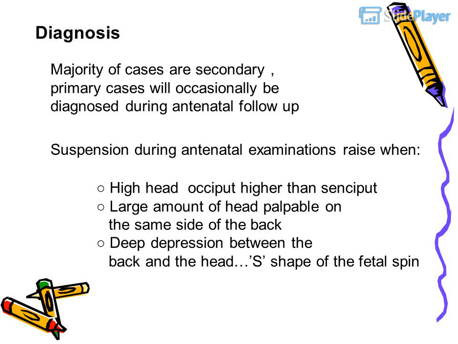Diagnosis: the majority of cases are secondary. Primary cases will occasionally be diagnosed during antenatal follow-up. Suspicion arises during antenatal examination when there is a high head, occiput higher than sinciput, a large amount of head palpable on the same side as the back, a deep depression between the back and the head, and an S shape of the fetal spine.